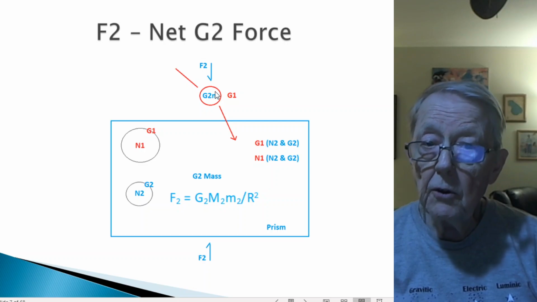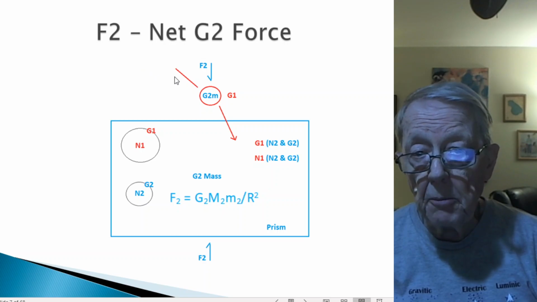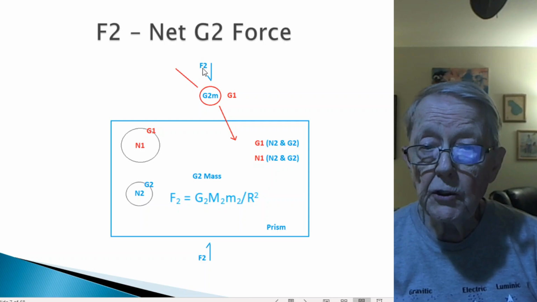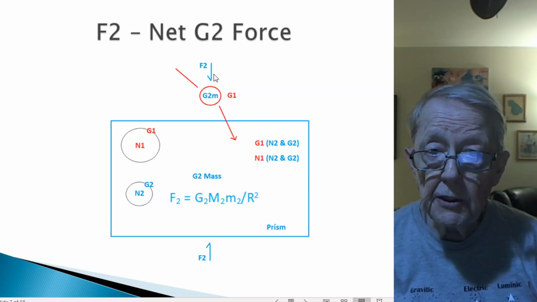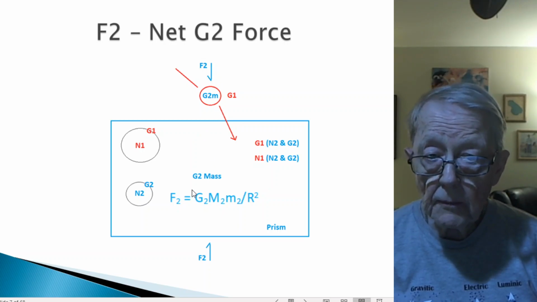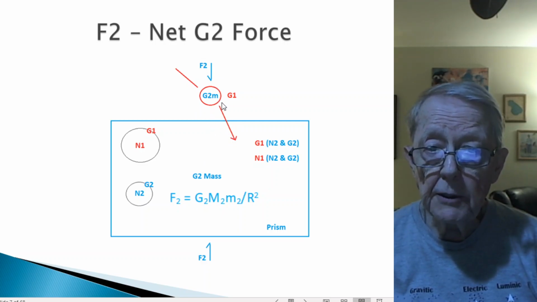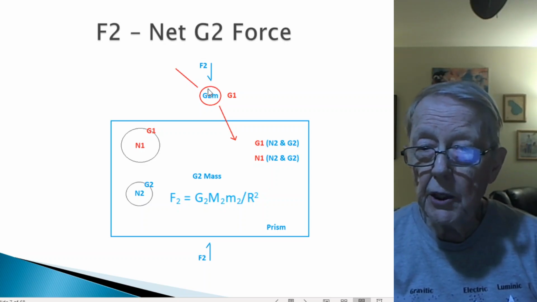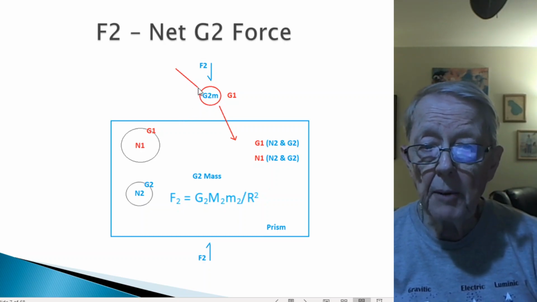Well, at level 2, we have a similar situation. Here we have a G1 particle that's coming at the prism at an angle, and there's a net F2 force generated from the G2 particle field around it that pushes on the G1 particle and bends it as it enters the prism. But it doesn't literally push on G1. What the G2 particle does is push on the subatomic atom.